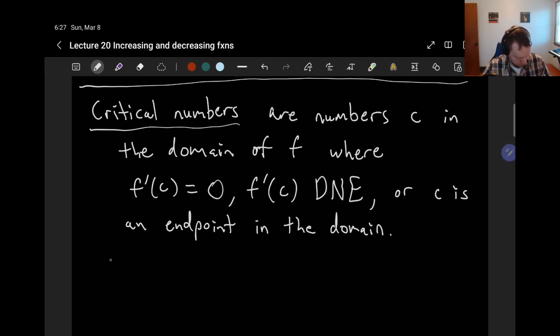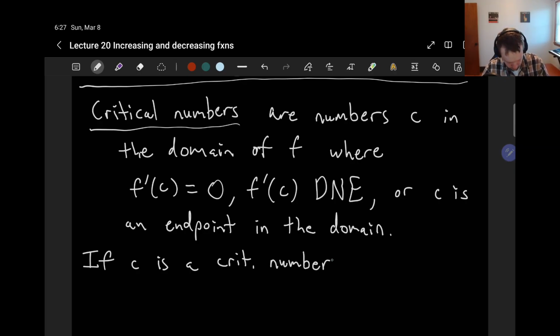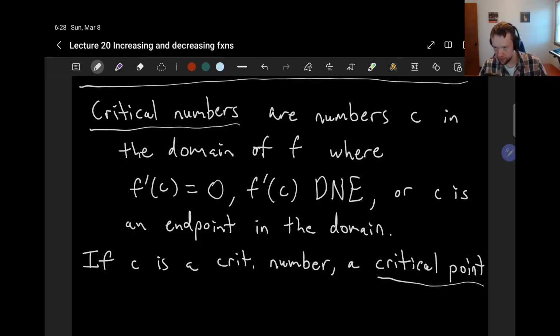And then a critical point. So if c is a critical number, then a critical point is very similar. It's just the full point, not the x value only.